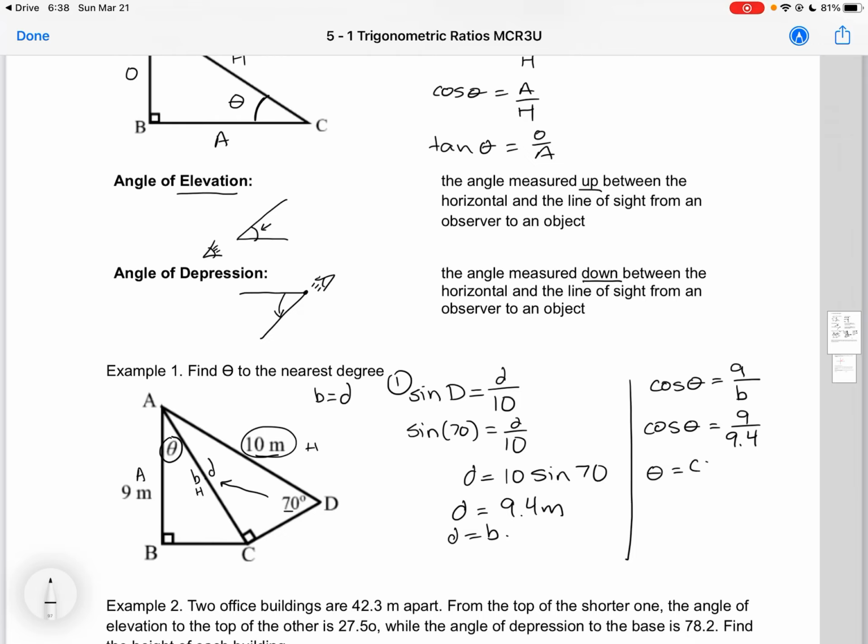Remember to solve, I'm going to do the opposite operation, which is taking the cosine inverse of both sides. This is going to work out to about 16.7, which means that I can say that theta is approximately 17 degrees. Usually when we're rounding angles, we go to the nearest degree.